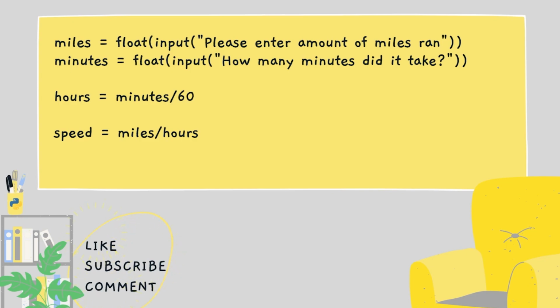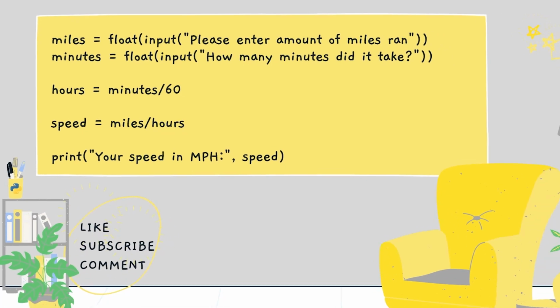When we run our code, Python will automatically perform these calculations for us, which when you think about it, is pretty useful. Our last step is to print this information to our user. Let's use the print function and let's pass in a message to our user. Your speed in miles per hour, followed by a comma, and finally, our variable that's storing this information, speed.